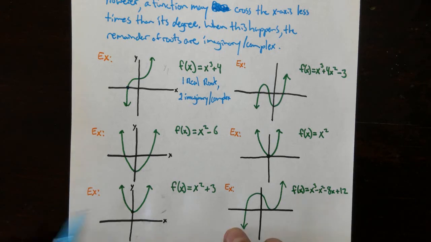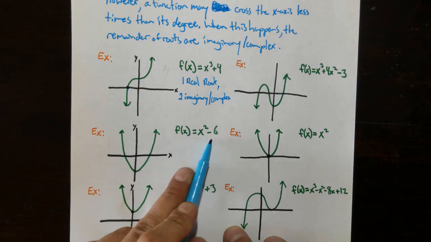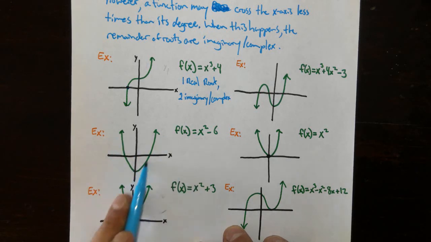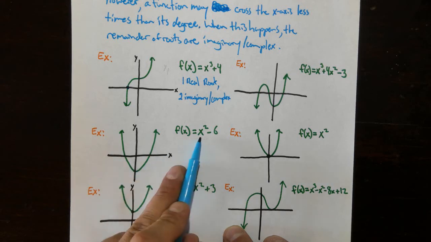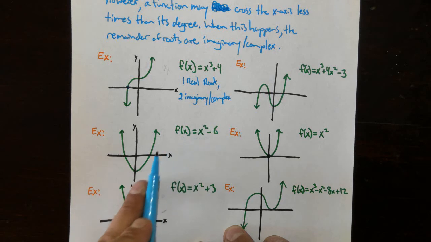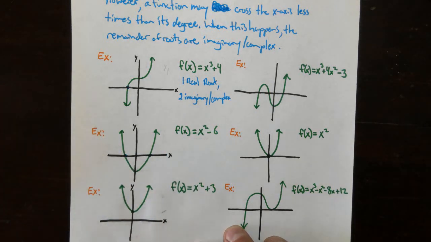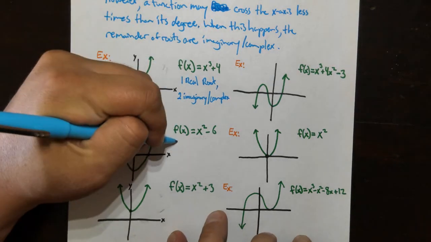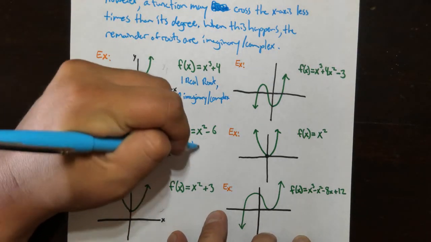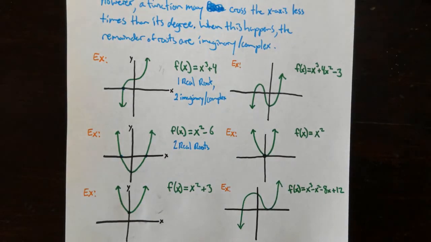So let's take a look at the second one. We have x squared minus 6, and this function here is a parabola. It's a quadratic, and we can see that it should have 2 roots, and we see that it in fact does cross the x-axis twice. So in this case, it has 2 real roots, and that means it would have 0 imaginary roots.